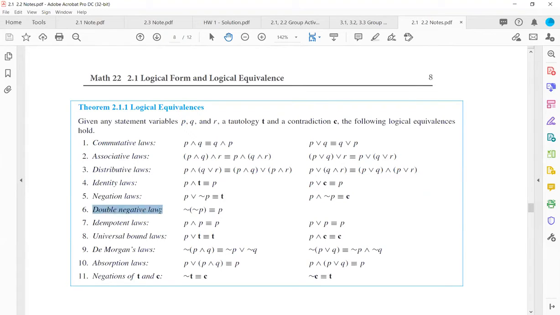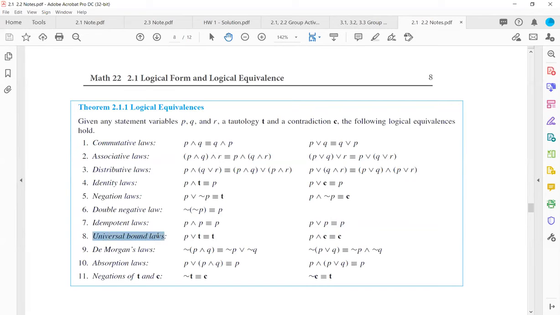Double negation law. Not not P is the same as P. Idempotent laws. Well, what if we combine P and P using and, using or? Well, it happened that both of them are equal to the original statement.